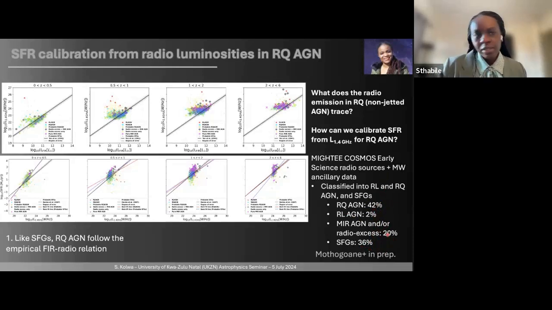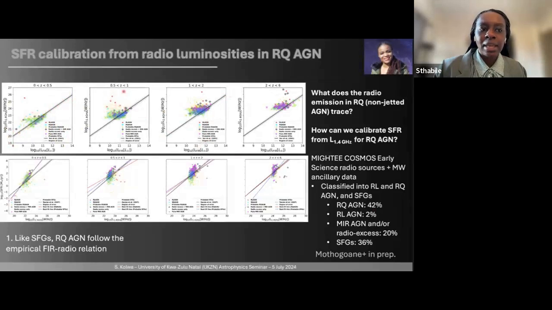And the main findings, shown here at the top, we have the far infrared radio correlation and radio quiet AGN are shown in green, the green distribution, and just from a visual inspection of the plot, many of the radio quiet sources follow the correlation, while radio loud AGN, shown in red, clearly lie away from that tight correlation.